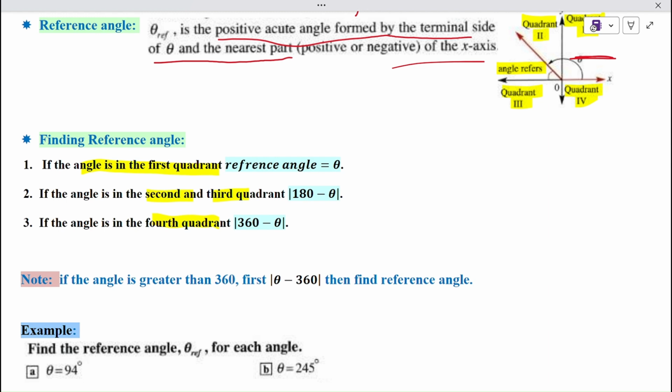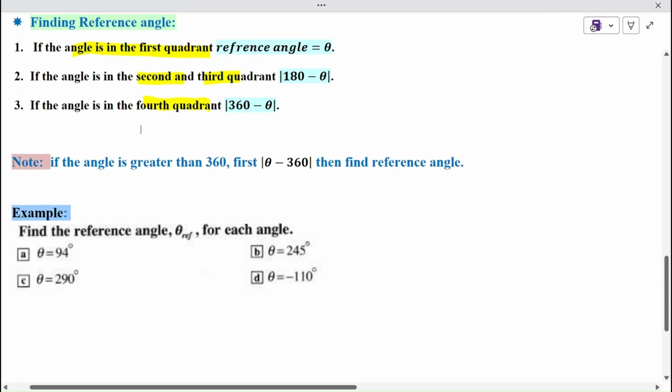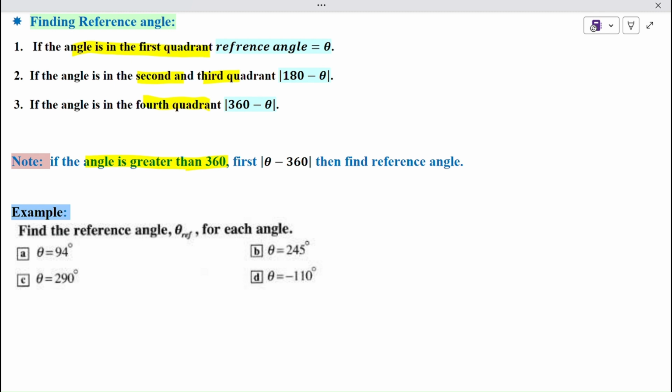Guys, here we have another note, and this note is really important. If the angle is greater than 360, first subtract 360 from the given angle, then find the reference angle. Okay, guys? Now, let's solve these questions.